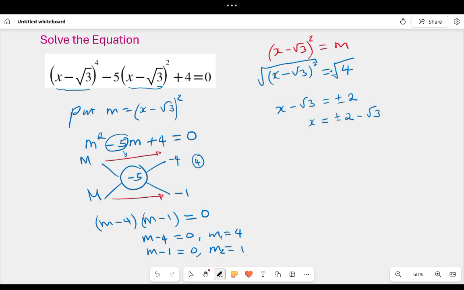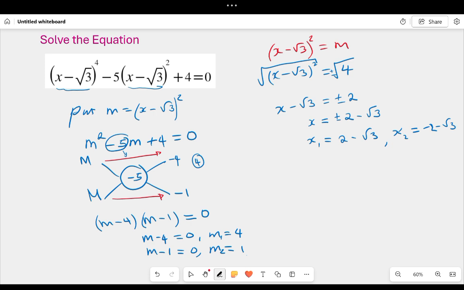And therefore here we have two distinct solutions of x. The x1 is going to be 2 plus the square root of 3, and then x2 is going to be equal to negative 2 plus the square root of 3.